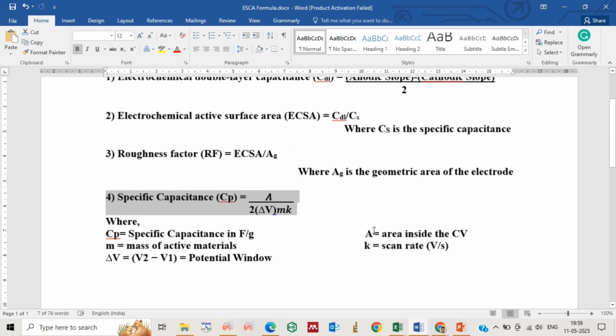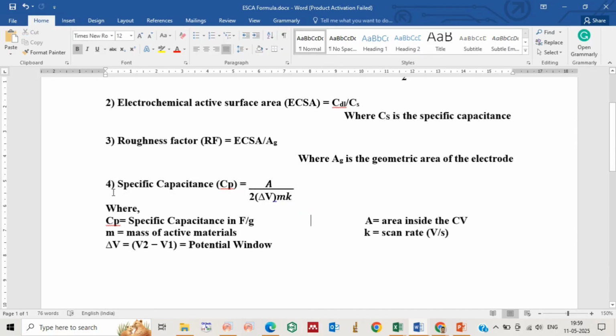Fourth, the specific capacitance of the catalyst, and its formula contains the area inside the CV, which we will see in a further video, divided by twice the voltage difference multiplied by mass of active material and multiplied by its scan rate.